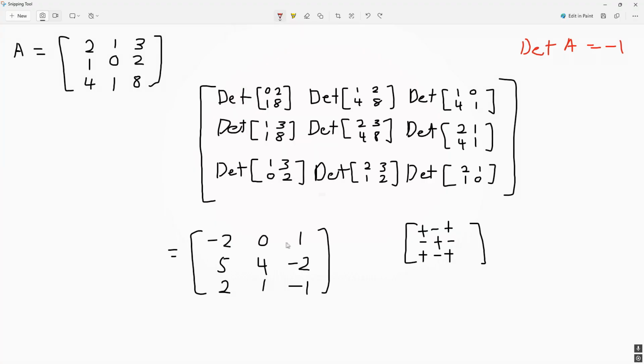So I'll do it in red. Negative on the top, on the left, on the right, which flips the sign to a plus, and then over here. Now that we have this, 0 just goes away, and then this becomes a plus. Okay, it's a minus, it's a minus.